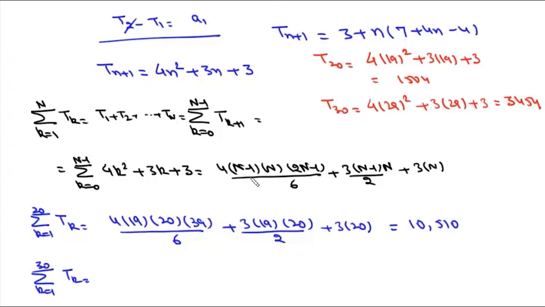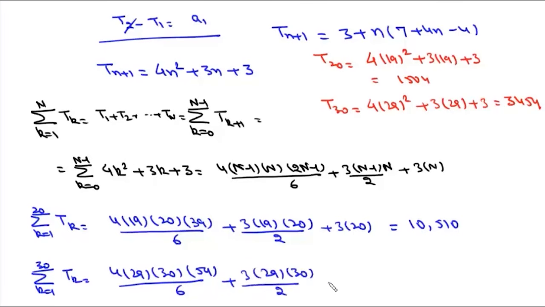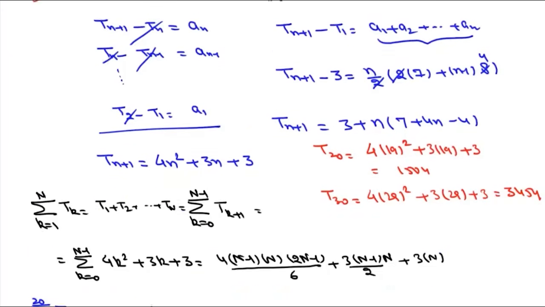Now here we'll put n as 30, so it will be 4 into 29 into 30 into 59 divided by 6, plus 3 into 29 into 30 divided by 2 plus 3 into 30, and this value is 35615. So it is 10510.